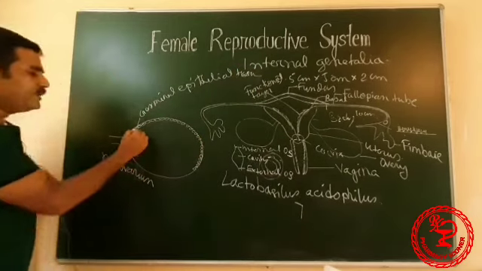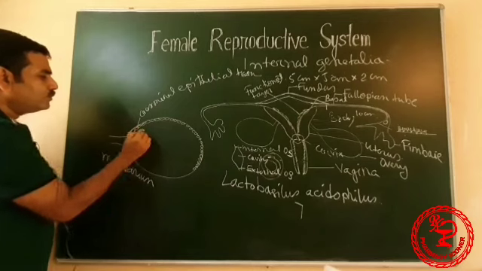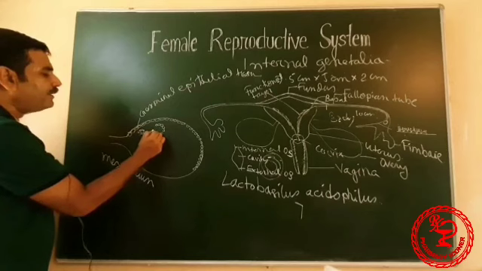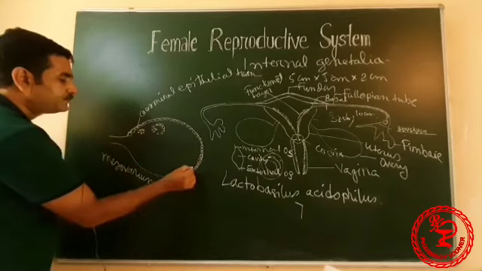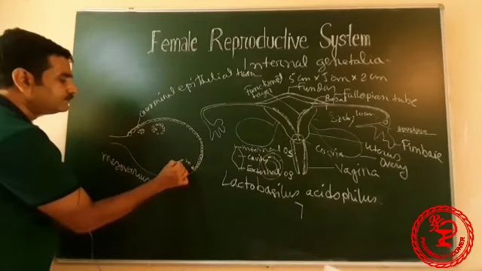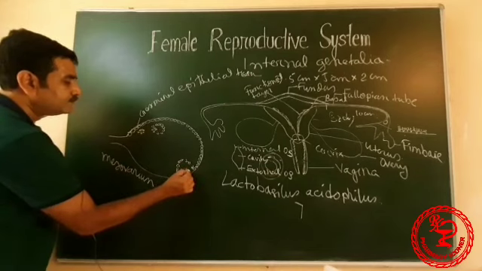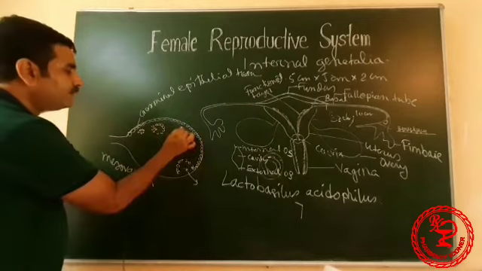And in the cortex we can see follicles in different stages of development.